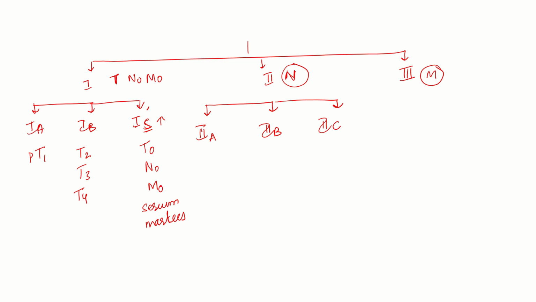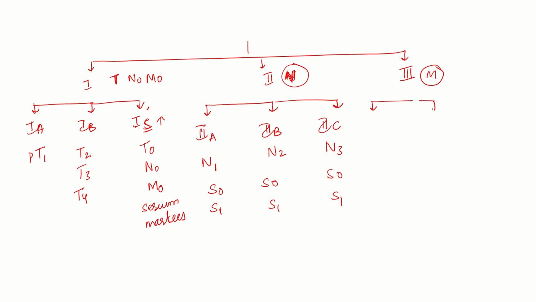Here, as I've discussed, it is the presence of nodal metastasis, and if it is N1 it comes under stage 2A, N2 comes under stage 2B, and N3 comes under stage 2C. Here the serum markers are either normal or just mildly raised, S0 or S1.